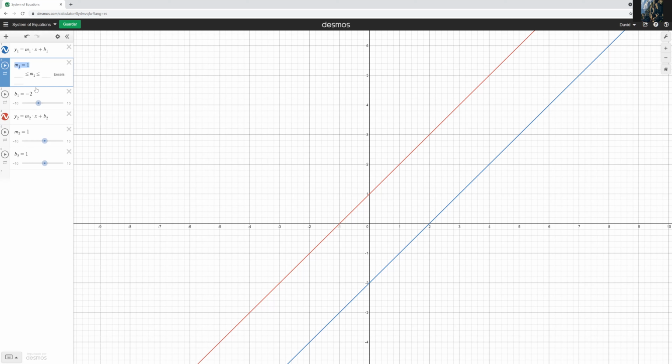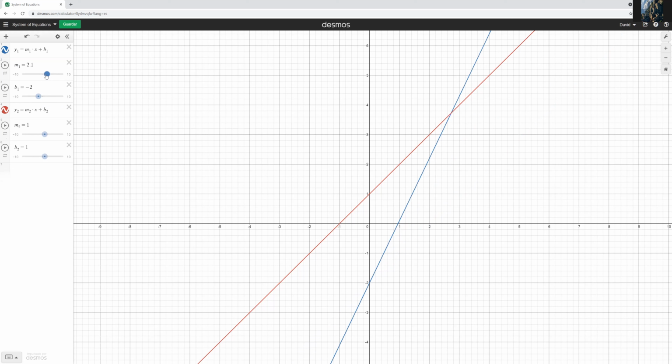The moment that I start changing these slopes, I will generate an intersection point. And that intersection point will actually be the solution for these two lines, or the system of equations of these two lines.